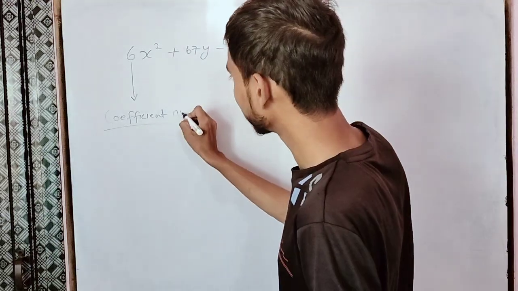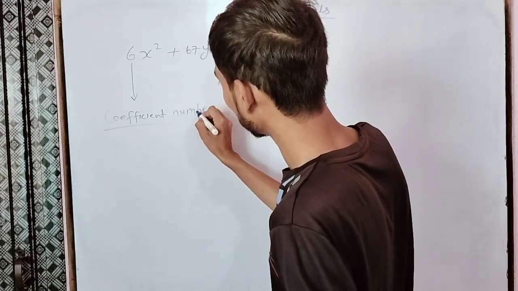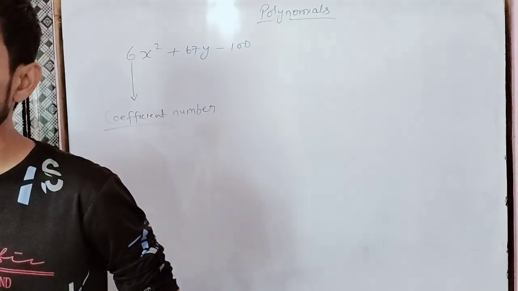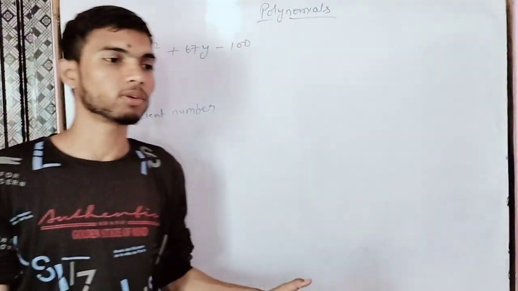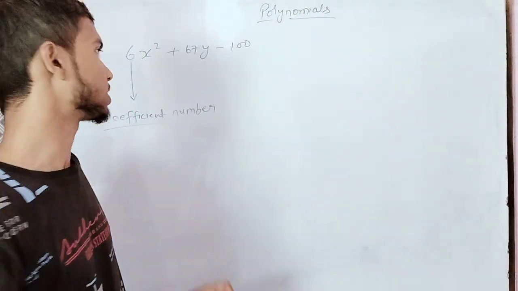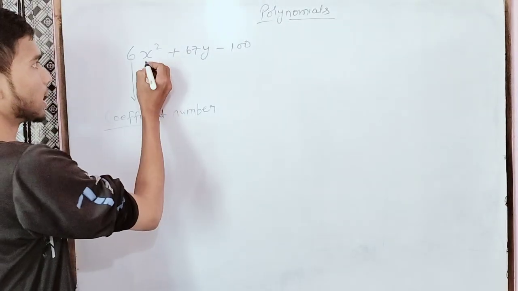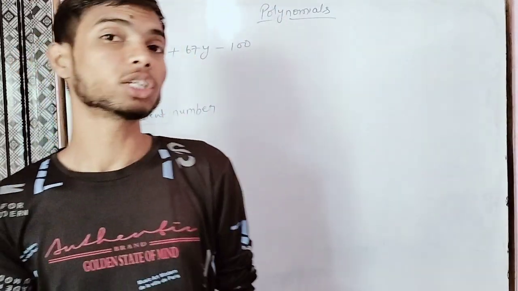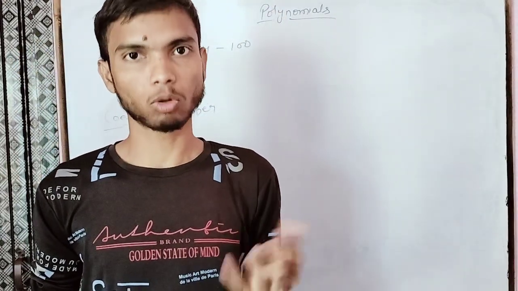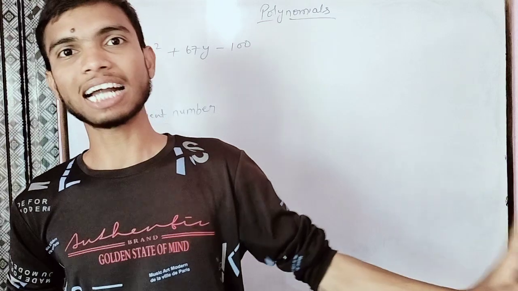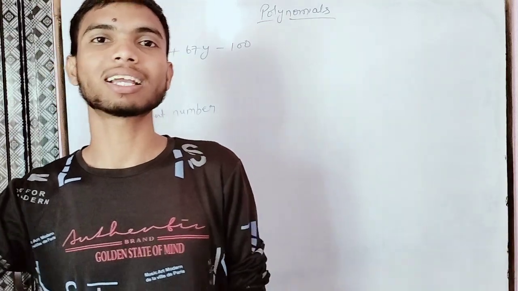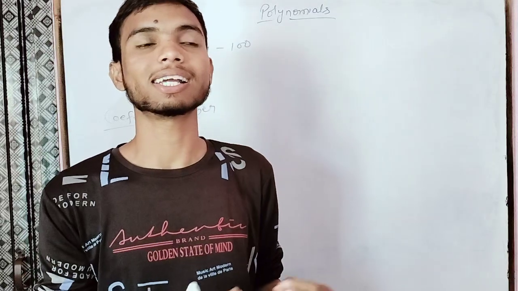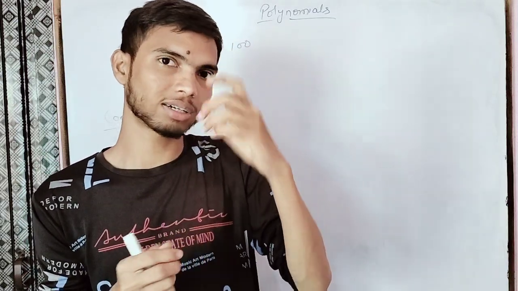So you would say coefficient number. What is a coefficient number? Any number which is with a variable is a coefficient number. Now here x, y, any random letters you can pick up, will be considered in mathematics as a variable.